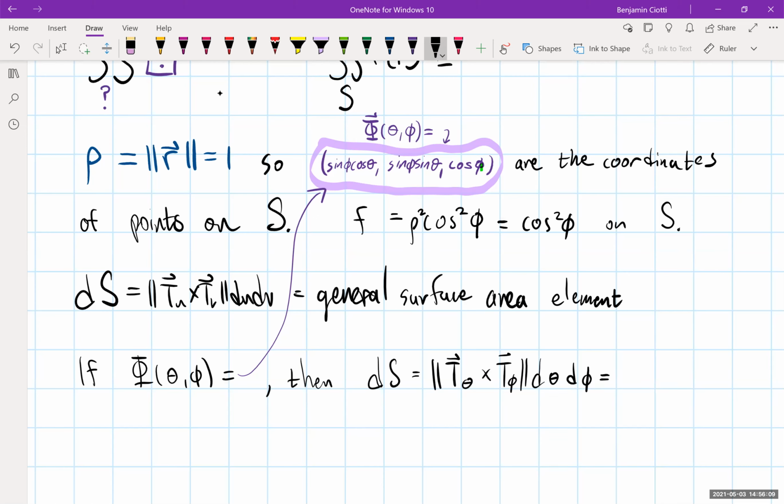So it comes out after much calculation, which, like I said, you should totally do at least once in your life, and you find that this equals sine phi d theta d phi. More generally, there's an r squared term, except in our case, it's 1, so you don't see the r squared.